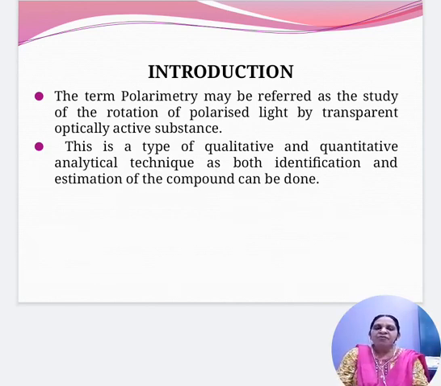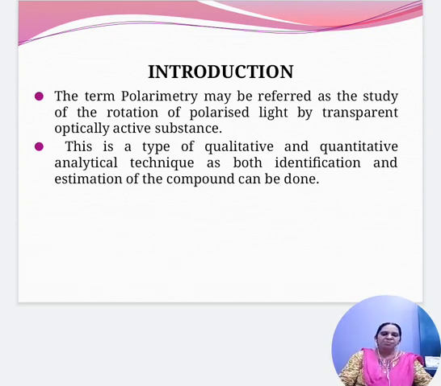It is nothing but the study of the rotation of the polarized light by a transparent optically active substance.